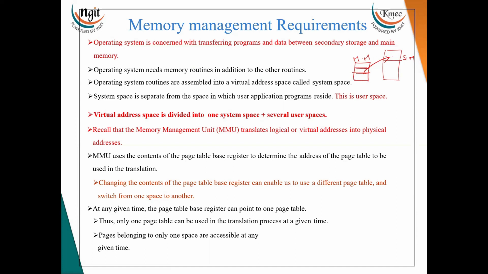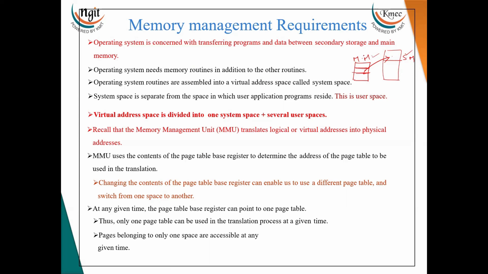This swapping, or transferring of program instructions and data from the secondary memory to the main memory, is done automatically by the management routines which are part of the OS. So the OS is taking care of transferring the data and the program between the main memory and the secondary memory.